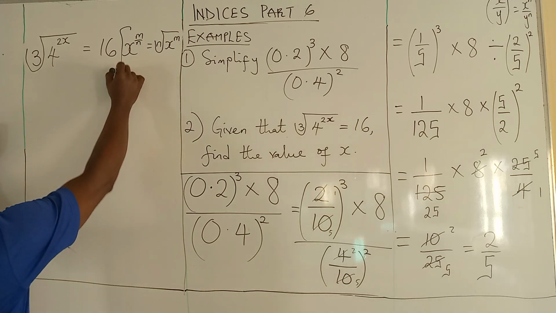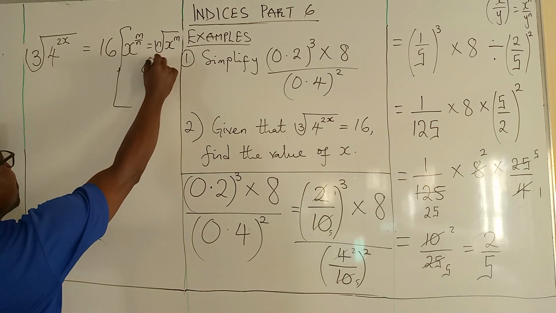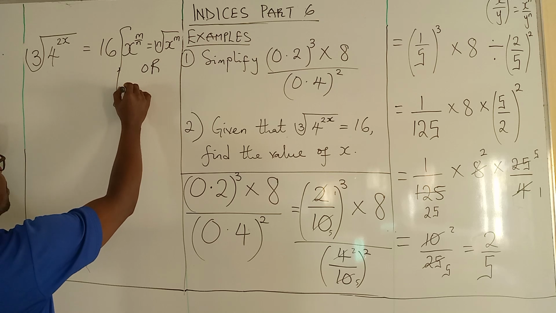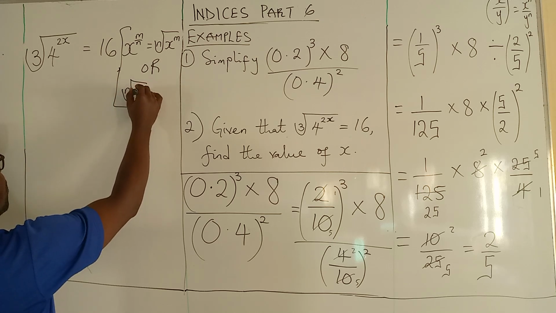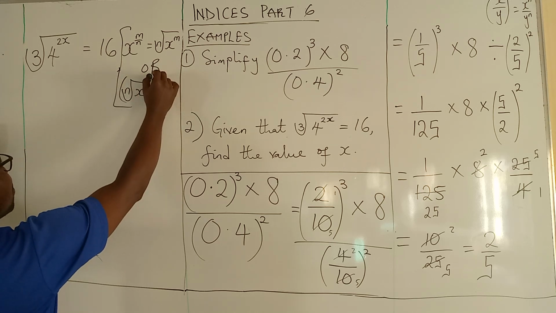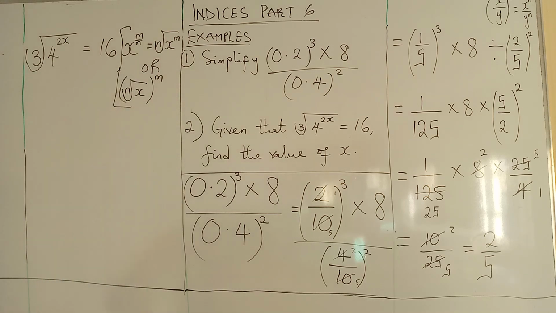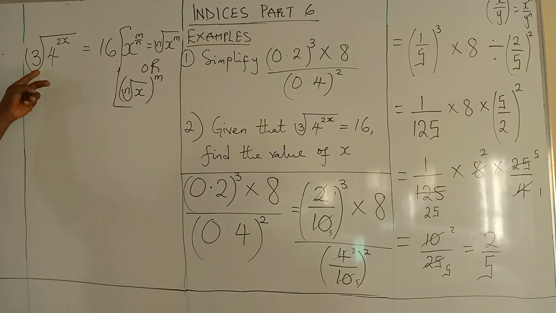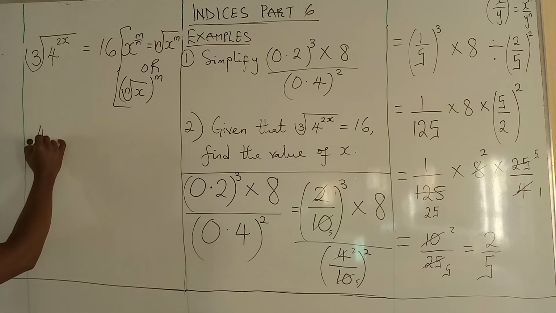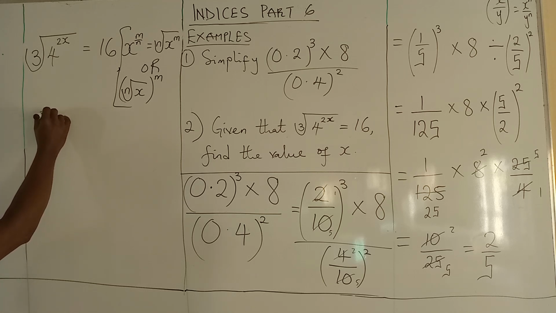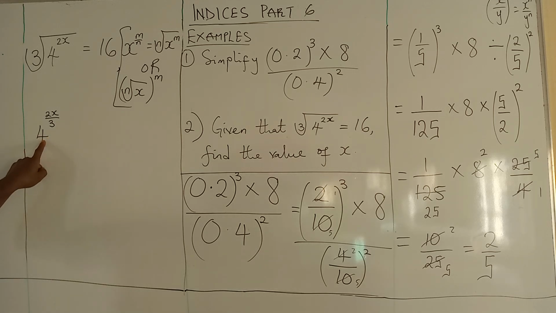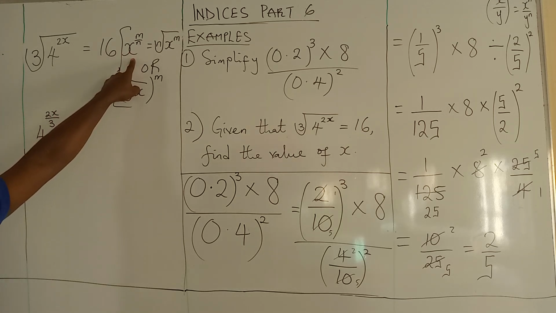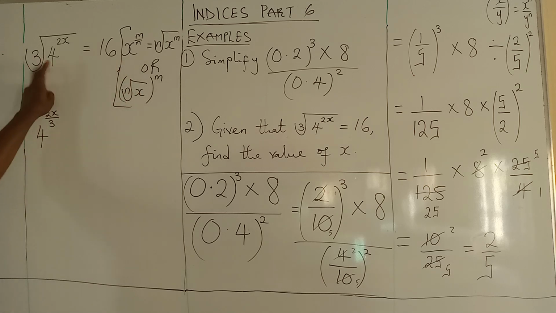It can also be written as the nth root of x, the answer raised to power m. So I'm going to apply that law here, which means that this expression can be written as 4 raised to the power of 2x over 3. If you compare this and this, you have this.